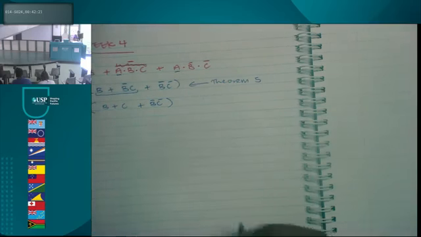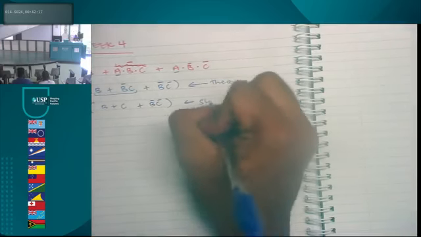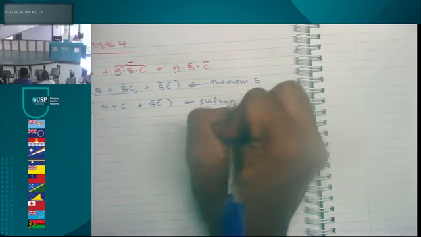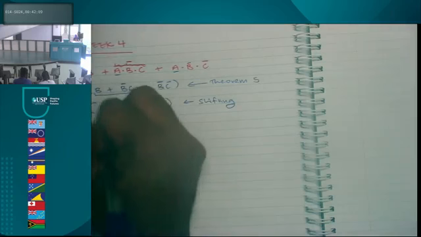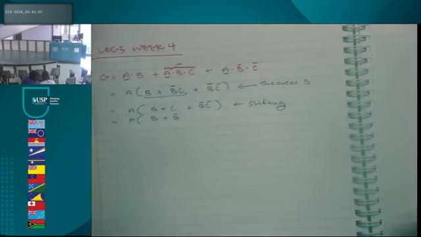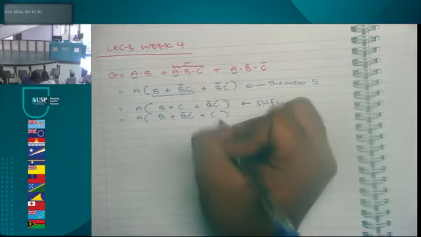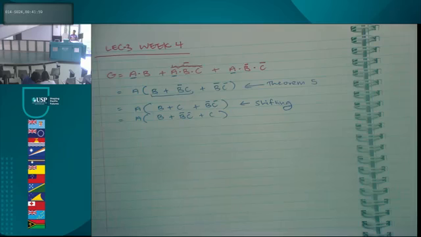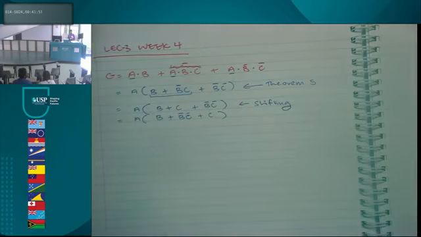Now, we can still play with our B variables. So we'll be doing the shifting method, okay? Shifting method. Why did I do the shifting method here? Because I'm going to be reusing that theorem 5 again.